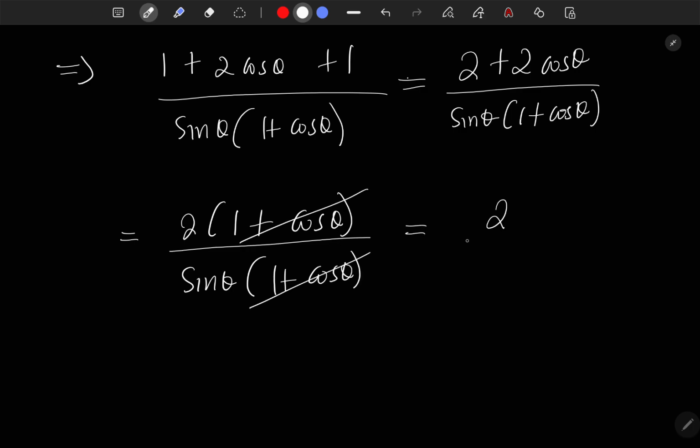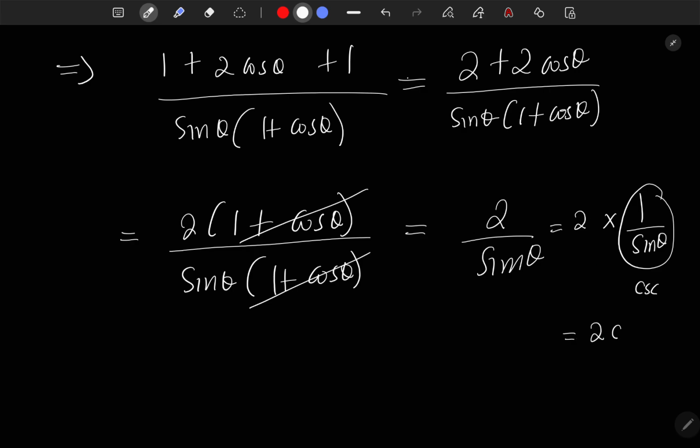Now we have 2 over sine theta. This is what I wrote at first. We need something to do with 1 over. This is just the same thing as 2 multiplied by 1 over sine theta. And we know what 1 over sine theta is, just cosec. And there's a 2 already, meaning this will give us 2 cosec theta. Proven.